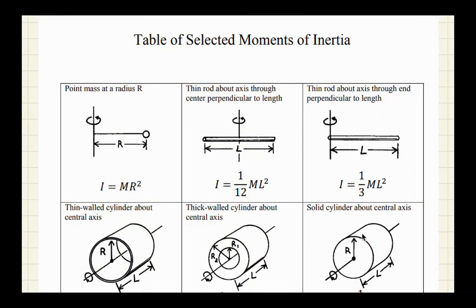So different objects will have different distributions of mass relative to the pivot point. For example, if I have a mass of m, and all of that mass is located at a distance of r, right? Now 100% of the mass is at distance r.